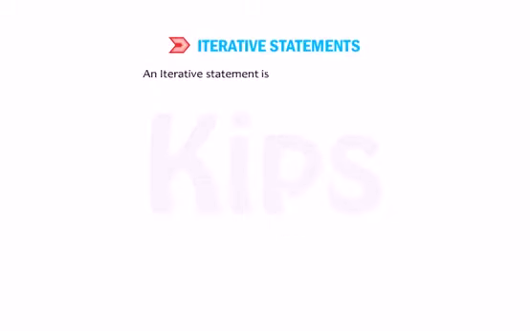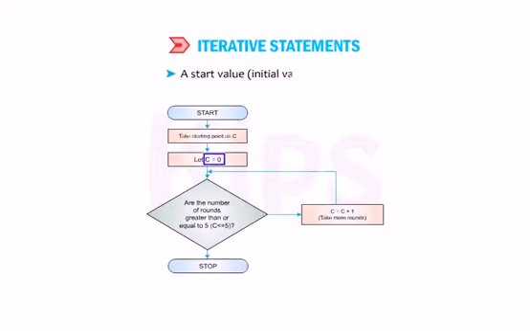An iterative statement is based on 3 values. A start value, that is initial value. Example, C = 0. A test condition, example, C <= 5. A step value, increment or decrement, example, C = C + 1.